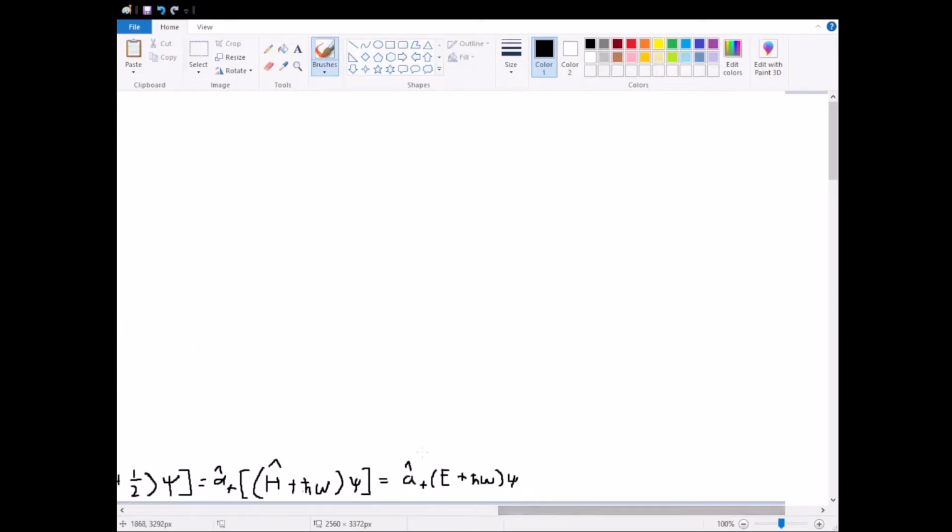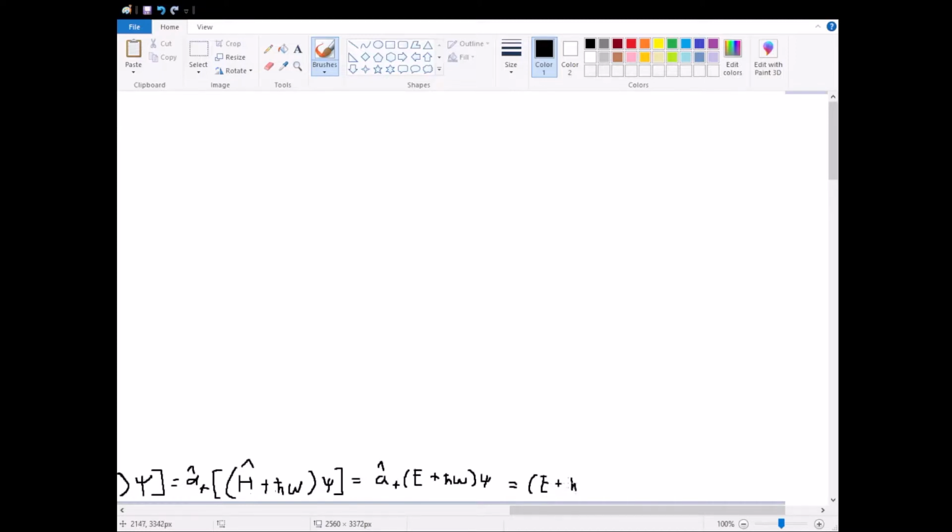And then this whole thing right here is a constant, this entire term right here. So it commutes perfectly fine with our operator, so we can move the operator onto the other side. So this actually equals E plus h bar omega times a hat plus times psi.